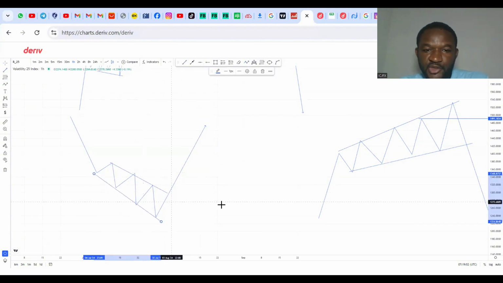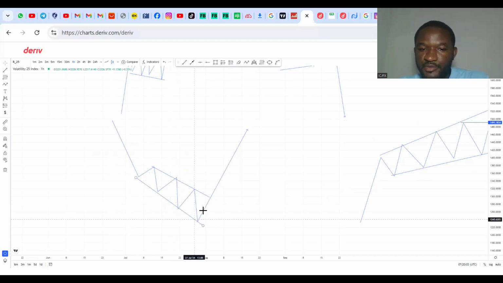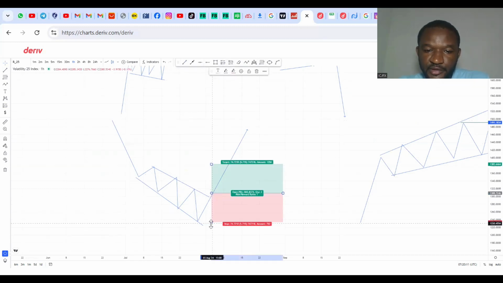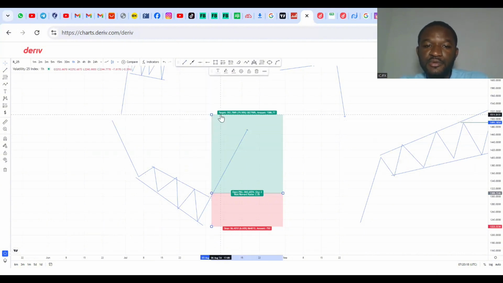The market is coming from the upside, and the correction is moving towards the downside. The next impulse will be to the upside. So most times people take their trade from this zone after the break of the correction, measure their stop loss here, and then target 1:1 or 1:2.